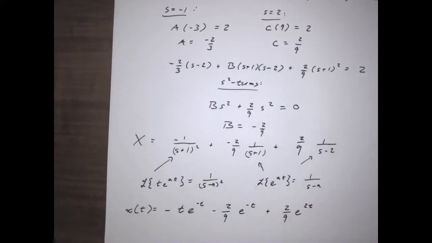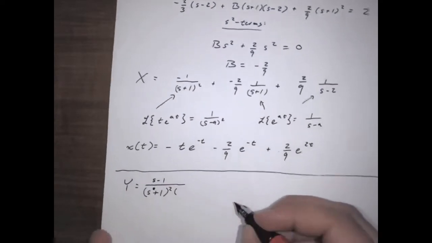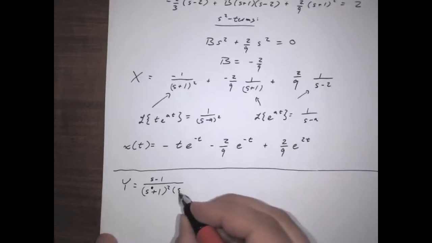And as for the y, it would just be a similar process. So for the y, capital Y, this was equal to s minus 1 over s plus 1 squared times s minus 2.